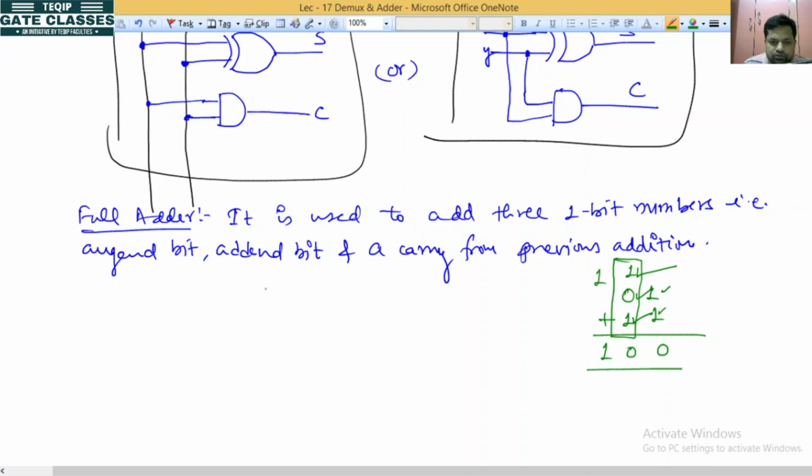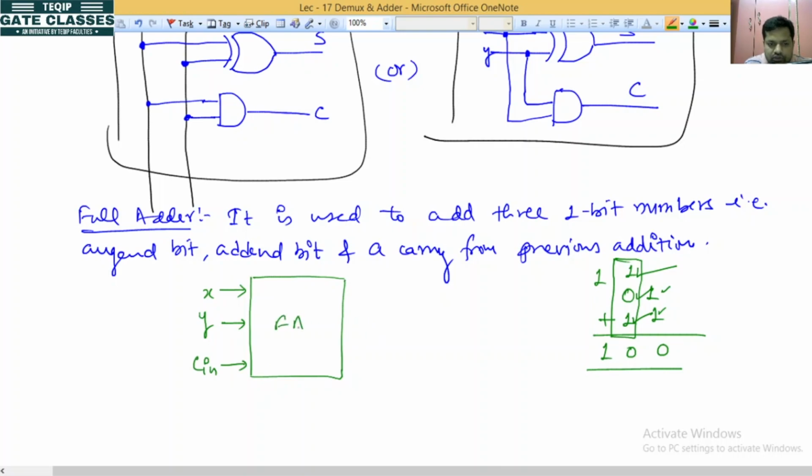Okay na, so what will be the block diagram of full adder? You talk about block diagram of a full adder, then it can be x, y, and it is C in, carry in.